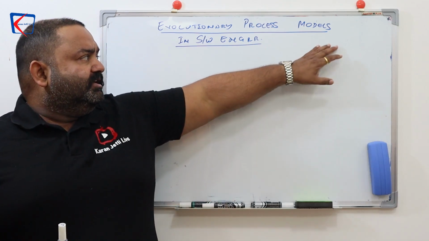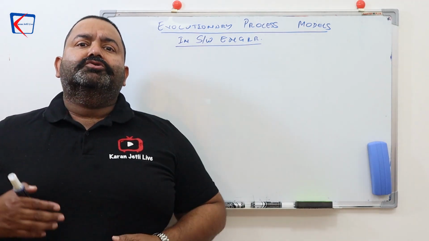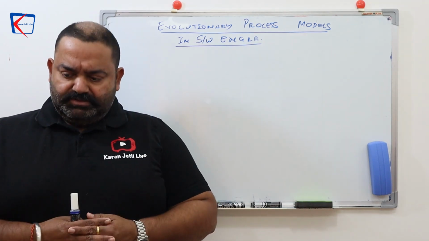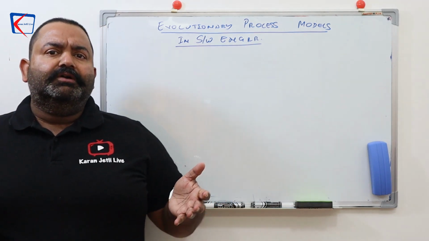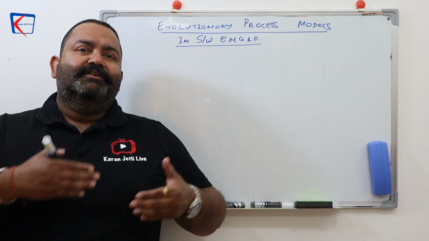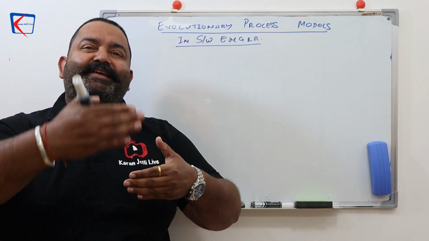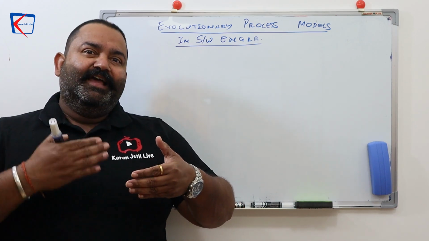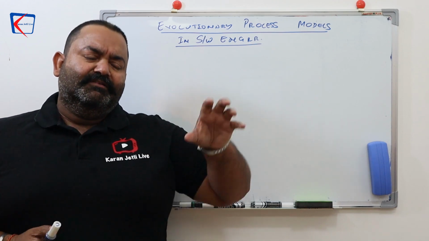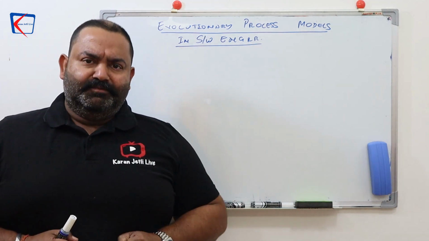Okay, so basically these models are also called iterative models. What do you mean by iterative models? Iteration means when we repeat something again and again, and with each repetition we get a little closer to the final product.